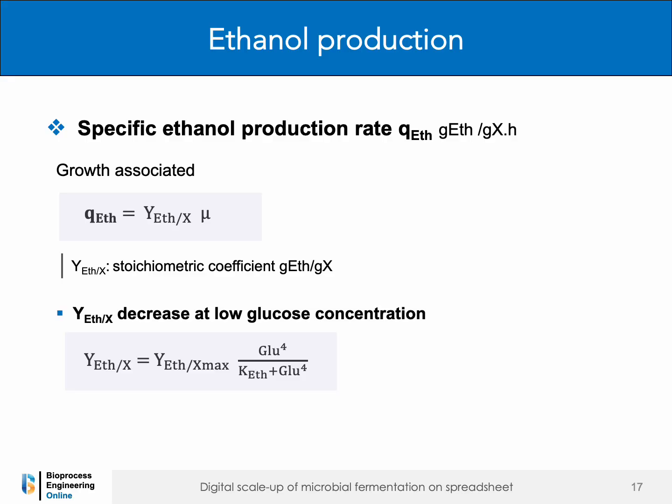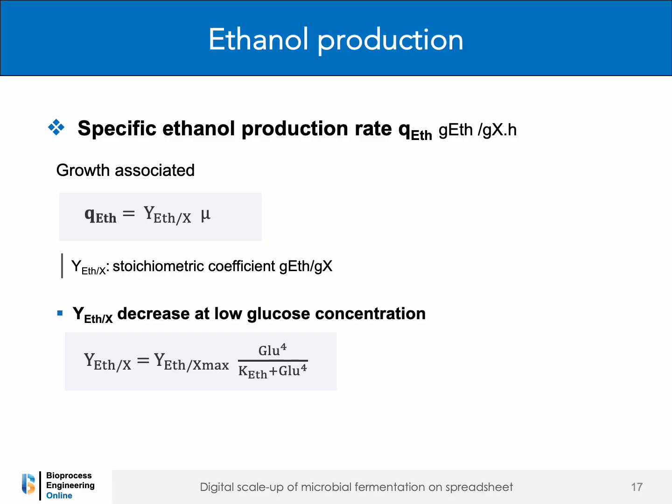Under glucose-limited conditions, ethanol production is strongly reduced. This is described by making Yeth over x dependent on glucose concentration. It reaches a maximum at high glucose levels, fermentative metabolism, and decreases at low glucose levels, respiratory metabolism.